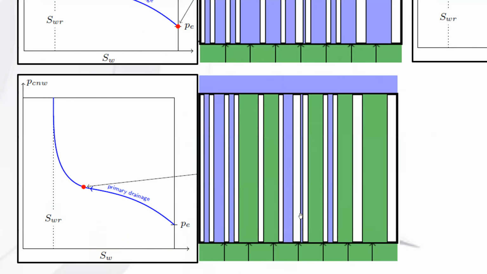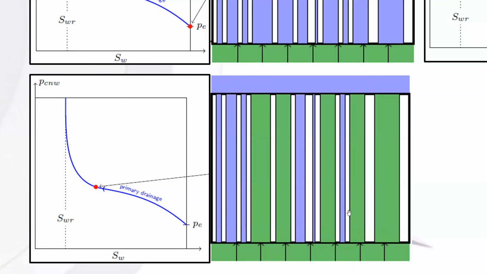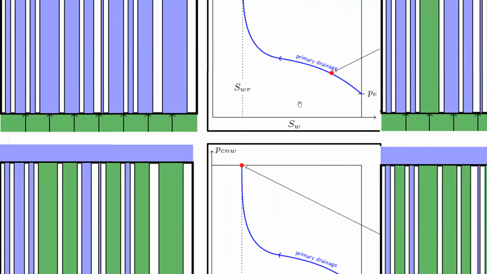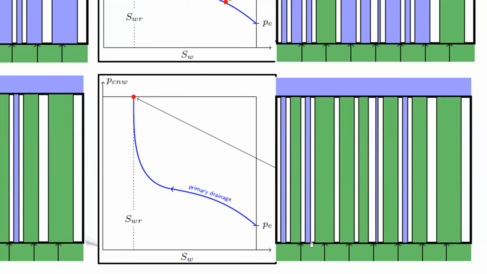And for this point, we have the oil injected into even smaller capillary tubes like this one and this one and so on, which means the oil is forced into more pore spaces with smaller pore throat radius. But for this point, this is the maximum capillary pressure, or the minimum water saturation, or irreducible water saturation.